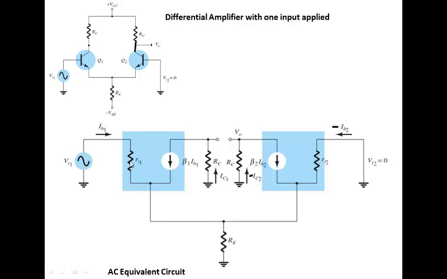One is the dynamic resistance and dependent current source for this transistor, and this is the dynamic resistance and dependent current source of the second transistor. This resistance RE is common between these two emitters and connected to ground, because this supply goes to 0.